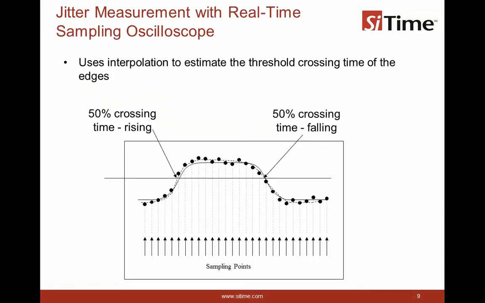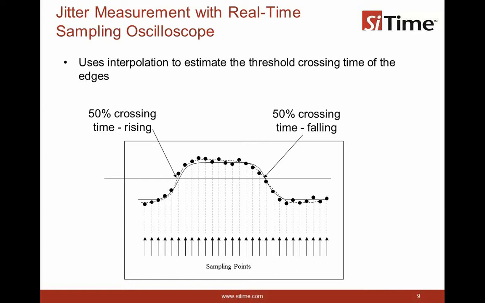To explain how to do a good measurement, let me spend a minute to describe how a scope does jitter measurement. So a scope is a sampler, effectively. It takes the signal as a voltage signal, and it tries to measure the voltages and represent them with digital numbers at different times.